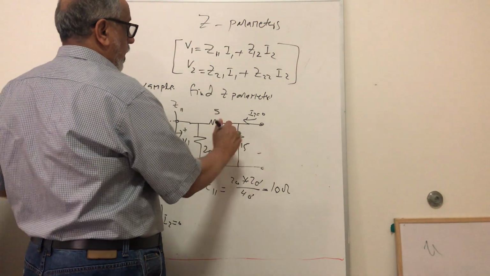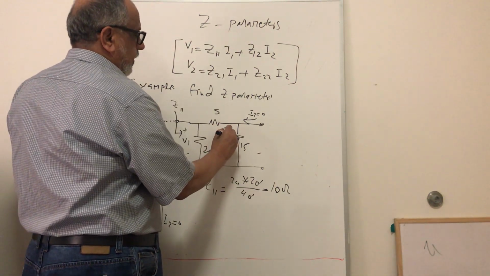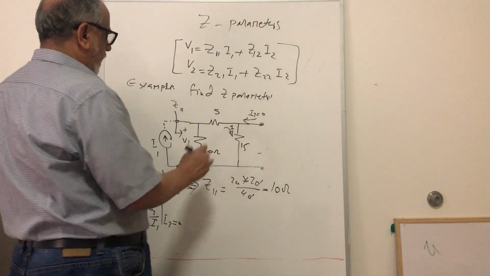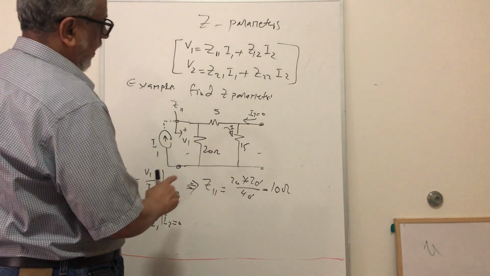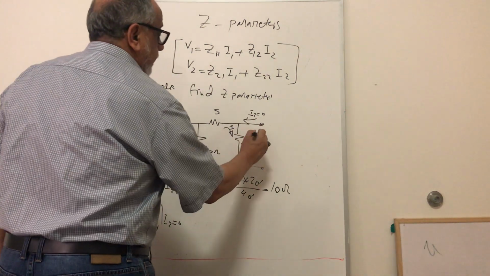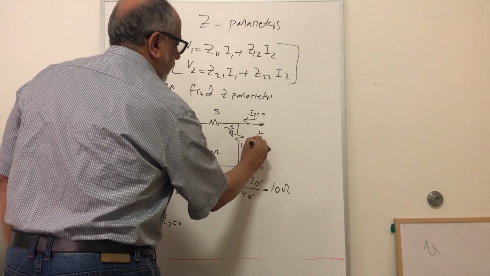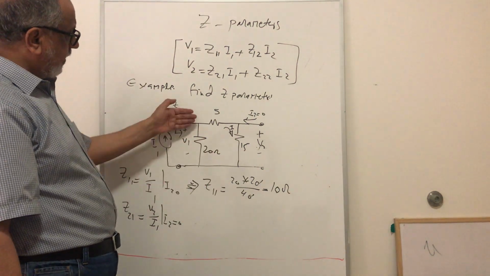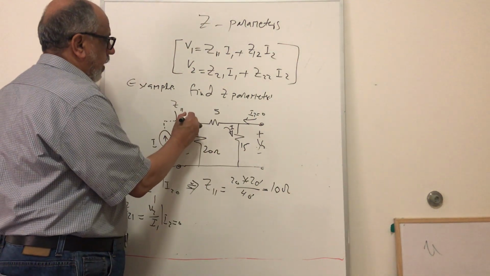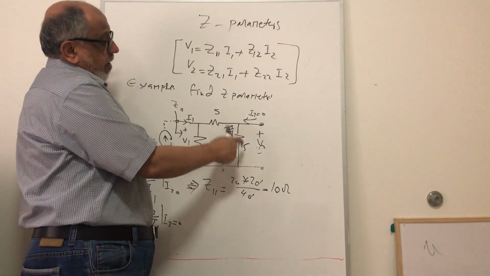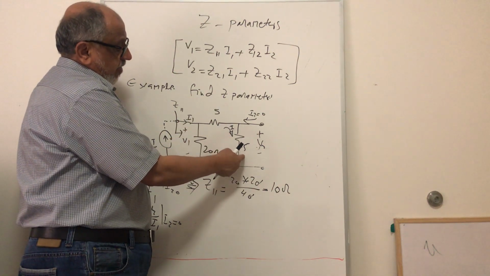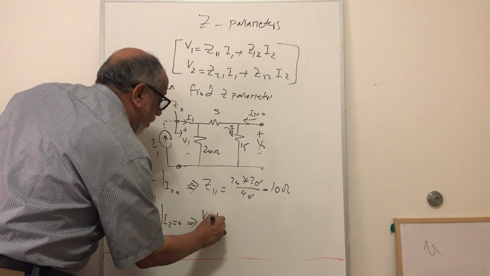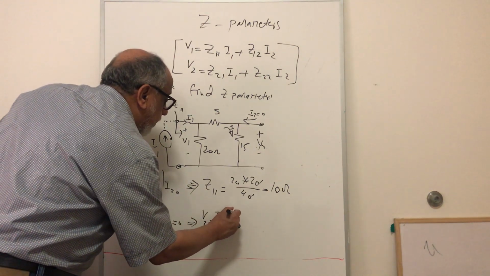V2 is this volt, right? Now I have to find V2 in terms of I1. I1 is this current, right? Let's call this current I. So I can say V2 equal to I times 15.